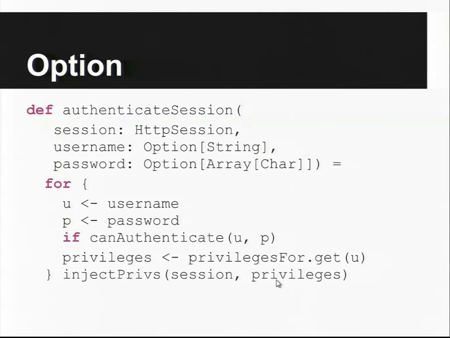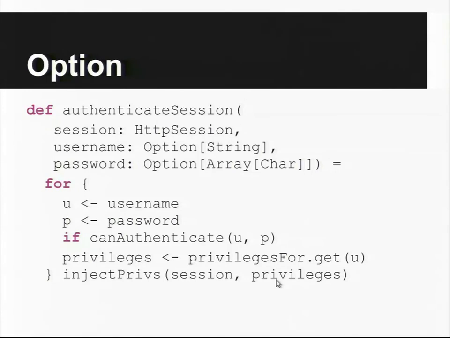Since these are collections, I can use for expressions. And let's say I have a servlet filter that wants to authenticate the HTTP session based on a username and password that I've parsed out from one of various locations. And I take in an option because the parsing may have failed, right? The parsing might be returning an optional state that it didn't succeed. Well, I can use this for expression to extract the username, the password, check if I can authenticate, pull in the privileges.